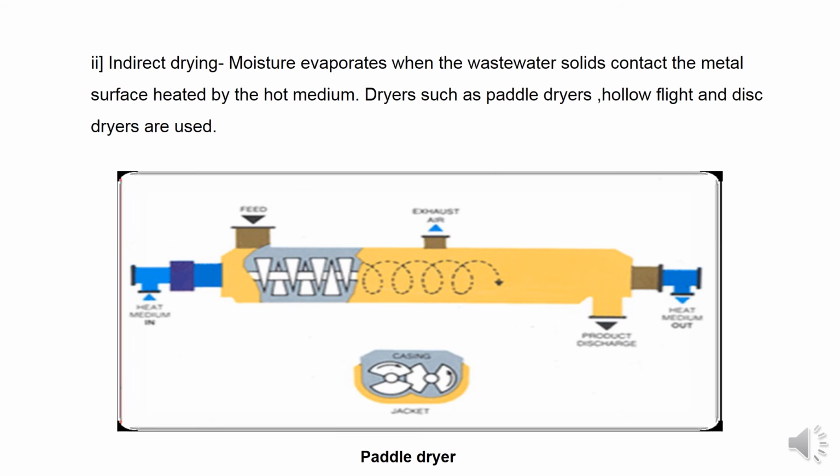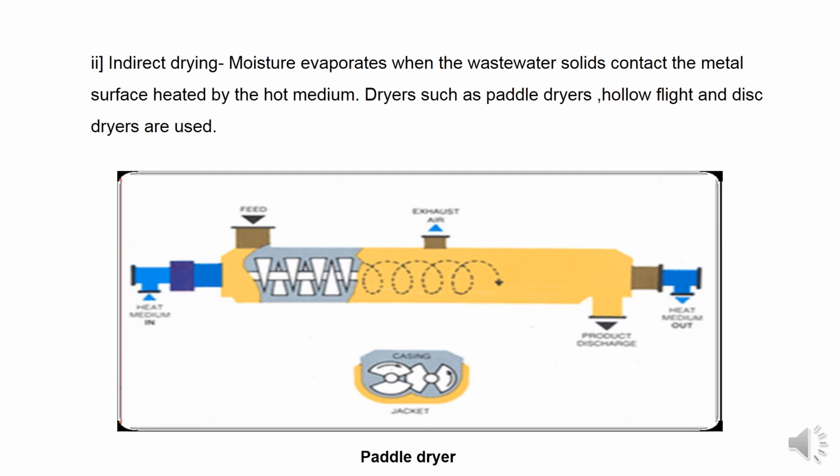The transfer of heat from the heat transfer medium raises the temperature of the sludge and evaporates the water from the sludge solid surface. The evaporated water is transported out of the dryer by low volume sweep gases or exhaust vapors. If the dry product is mixed with the dewatered sludge, the moisture of the sludge can be reduced by 40 to 50%. The blending prevents agglomeration and fouling of the heat transfer surfaces.